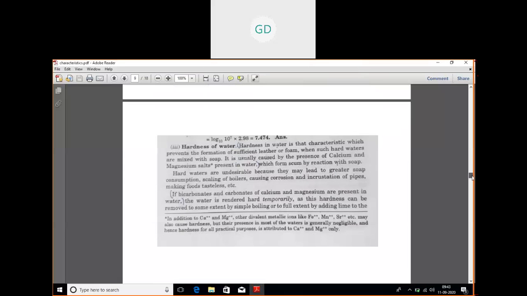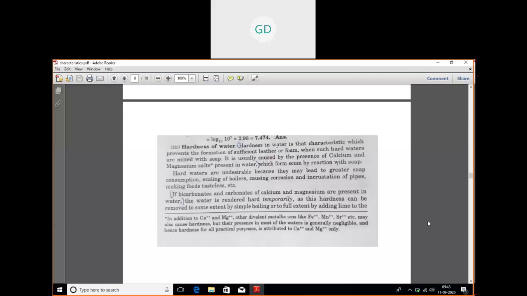Next is your hardness of water. So what is hardness of water? Sometimes some water will not form sufficient lather or foam.